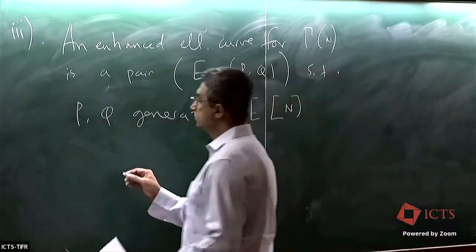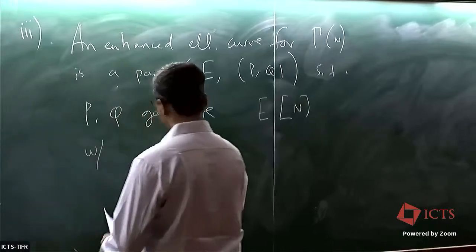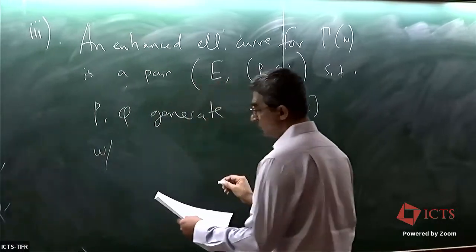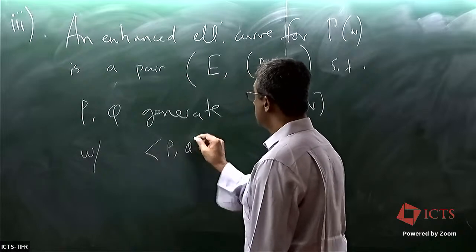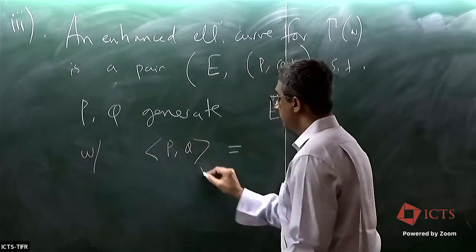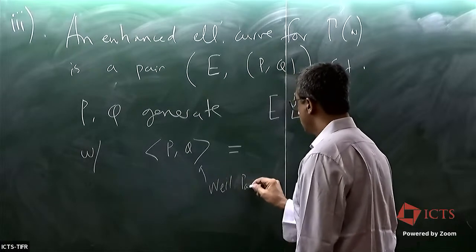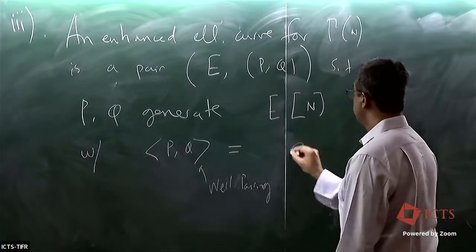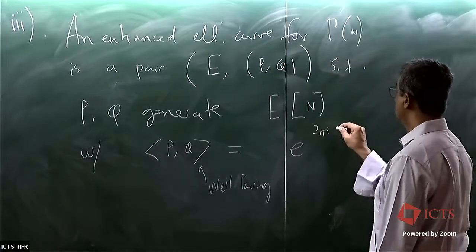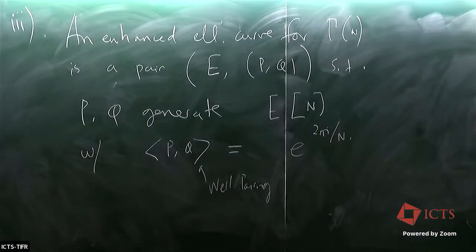And more than just a basis, we also require the Weil pairing. I think it's called e_N or something fancy like that in books, but let me just be naive and call it diamond bracket. This is the Weil pairing, and it must equal a fixed primitive capital Nth root of unity.